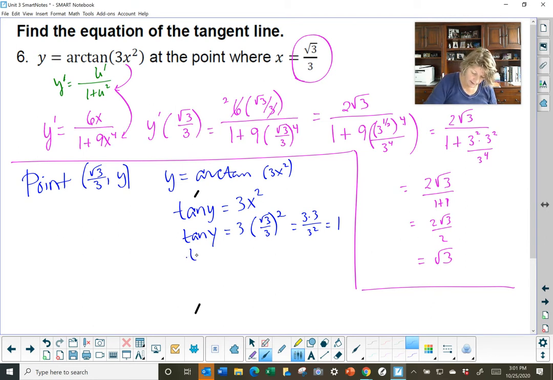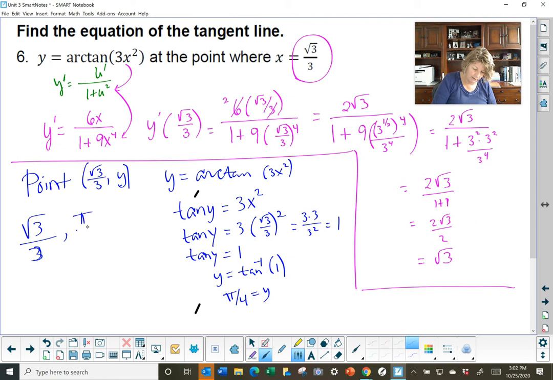So now I'm down to tan of y equals 1. Where does the tangent of something equal 1? I'm kind of taking it back where we started, but that's okay. Well, that is at pi over 4. So my angle is pi over 4. My y value is pi over 4. We have the point root 3 over 3, pi over 4.